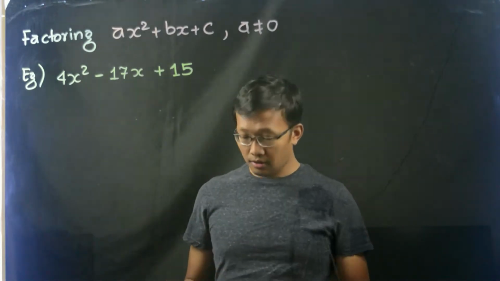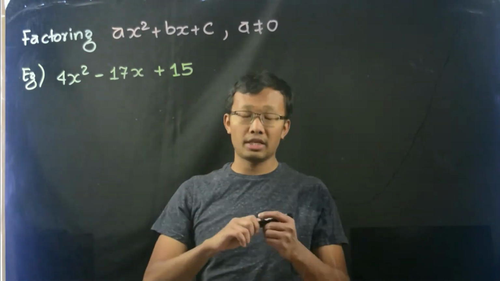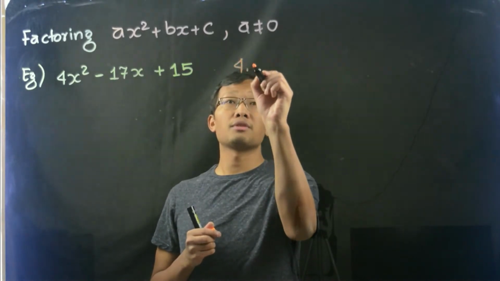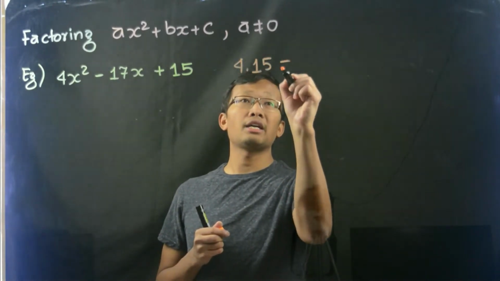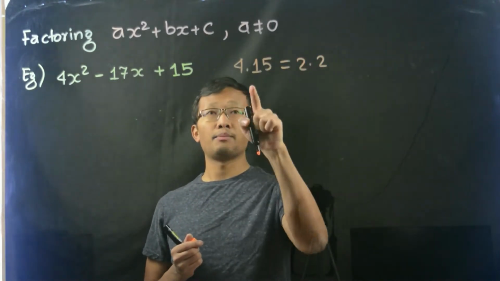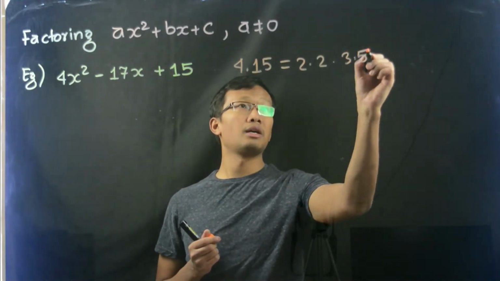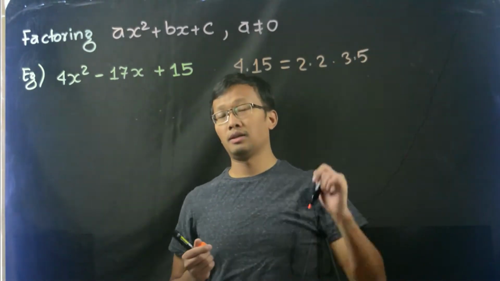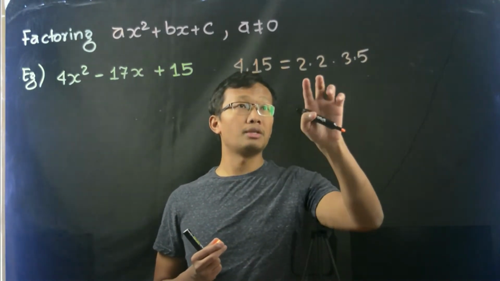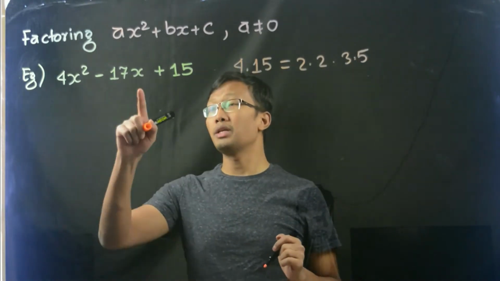Another example: 4x squared minus 17x plus 15. Here also let us multiply 4 and 15, the leading coefficient and the constant. So that is 4 times 15. I can write the prime factors of 4 as 2 times 2 and prime factors of 15 as 3 times 5. Now out of these factors we want to come up with two numbers such that their sum would be 17.